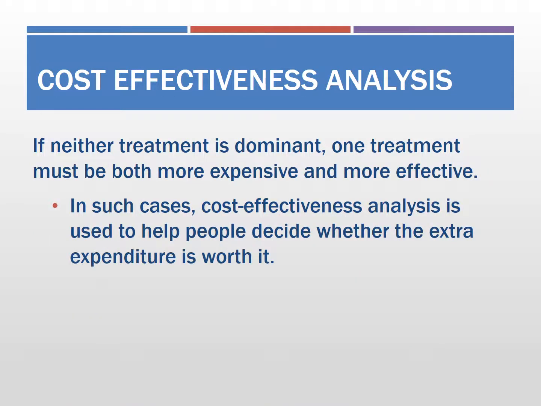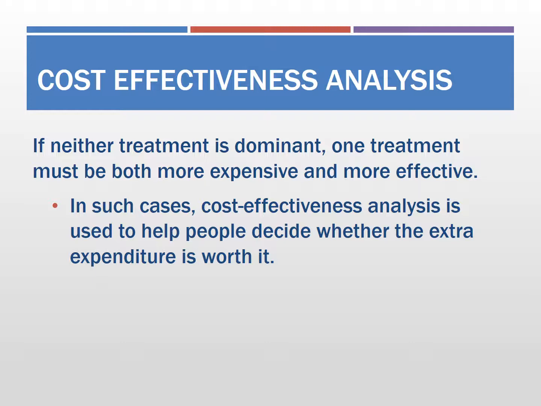If neither treatment is dominant, one treatment must be both more expensive and more effective. So that means if there are several different treatments available in the market, some treatments are more expensive, but they are more effective compared to the other treatments. And there are also some treatments that are least expensive, however, they are also least effective at treating the health conditions. Well, we say there is no dominant treatment in the market.